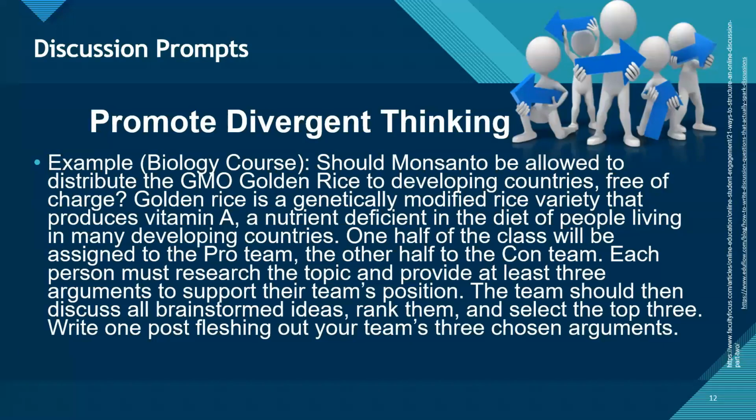So it's almost like a debate approach where the student who's assigned to the pro team might not actually believe that it's a good idea, but they still have to take that side and argue it. And again, this is going to really require the students to have a deep understanding of the issues, and then also they're going to work together.